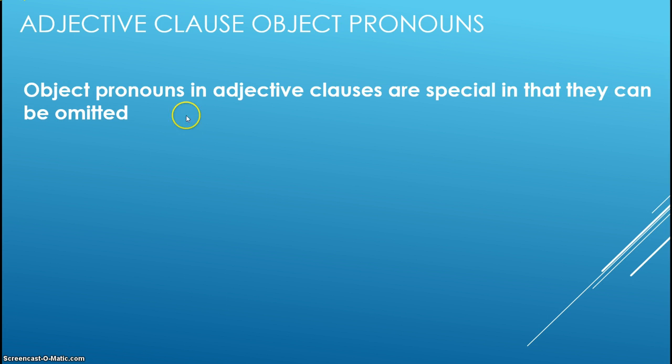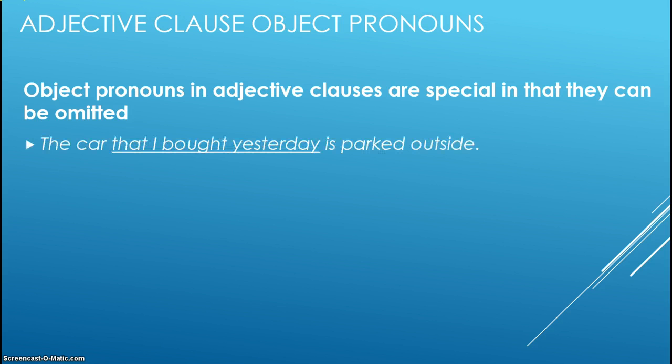This is why. Object pronouns in adjective clauses are special in that they can be omitted. They can be left out of the sentence. They're optional. So here's the sentence I had first. The car that I bought yesterday is parked outside. There is my marker, my pronoun acting as the object. There's my subject. There's my verb.